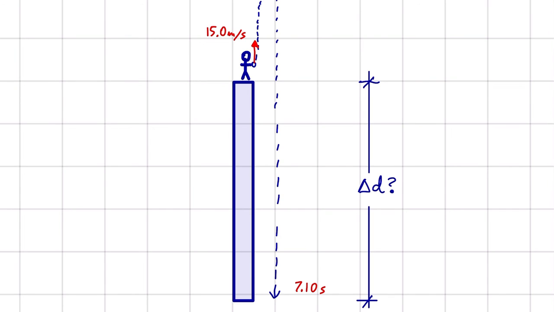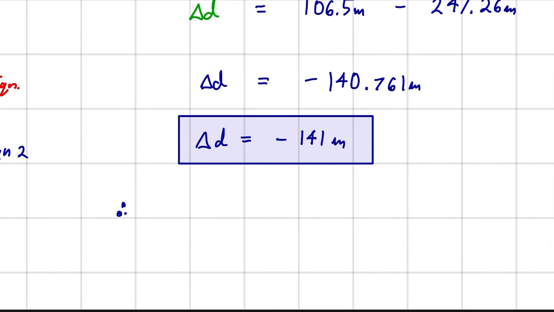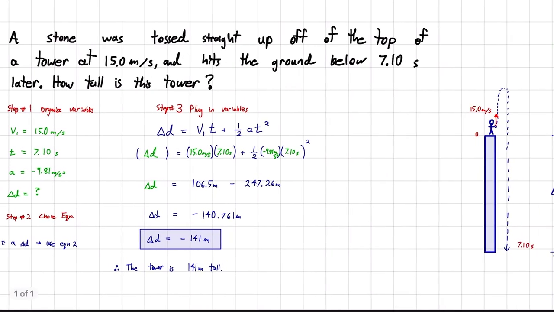We're imagining the height of the tower where we stand is 0, and then we're asking ourselves, what's the distance from where we are to the floor, and that is negative 141 meters, meaning that the tower actually has a height of positive 141 meters. So we can write that in a sentence. The tower is 141 meters tall. And that is our final answer.